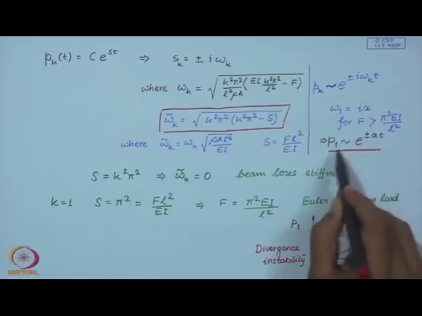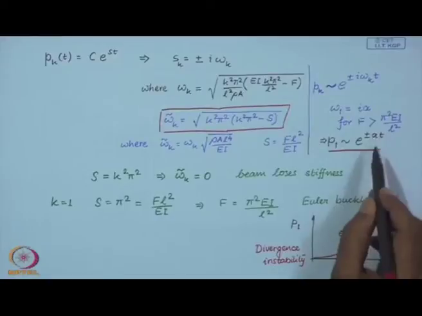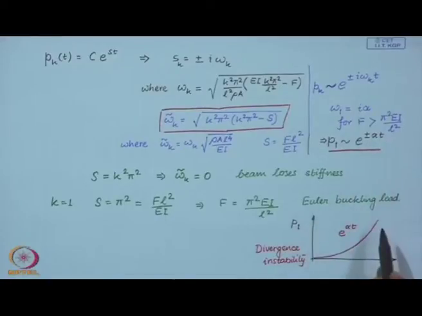We have an exponentially increasing solution, which looks like this. Even with a very small disturbance, it is going to exponentially diverge. So, this is the divergence instability. A beam with axial force will show divergence instability if the force exceeds the Euler buckling load.